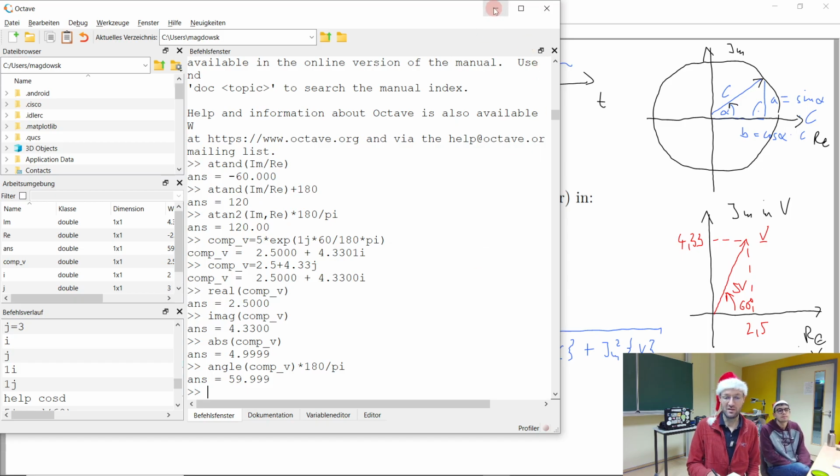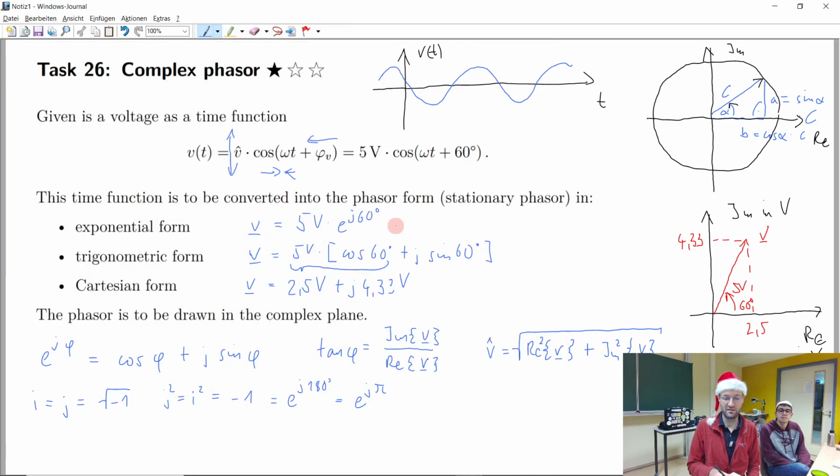Okay, so then one last thing that we can discuss here in this task is that usually for most of the conversions or for most of the calculations, we would not use these peak phasors here. So this would be a peak phasor, because as we said, this is the peak value. But we would use so-called RMS phasors, root mean square value phasors.